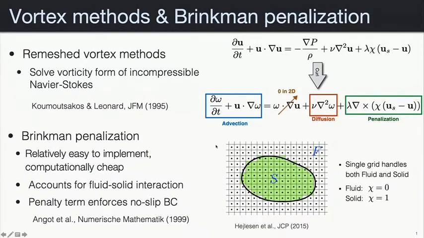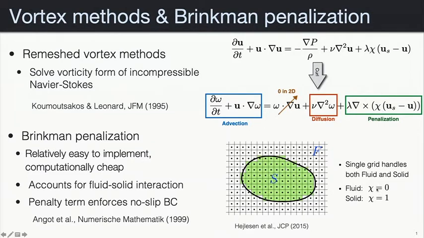What I do is I set down my normal rectangular Cartesian grid everywhere, and I say, I don't care about the solid for the time being. All of my grid points, I will solve my Navier-Stokes, as I usually do.